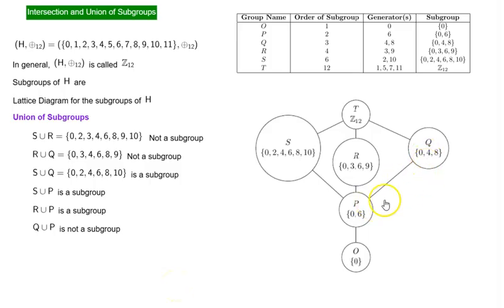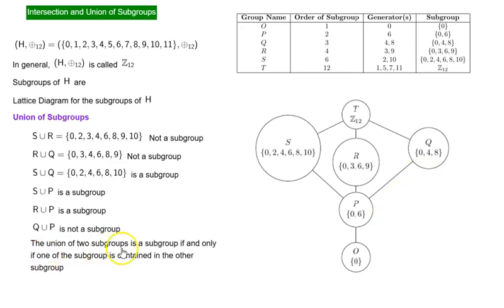Otherwise, also you can just take two elements at a time and keep adding them, modulo 12, and see whether they belong to the union. So the union of two subgroups is a subgroup if and only if one of the subgroups is contained in the other subgroup.